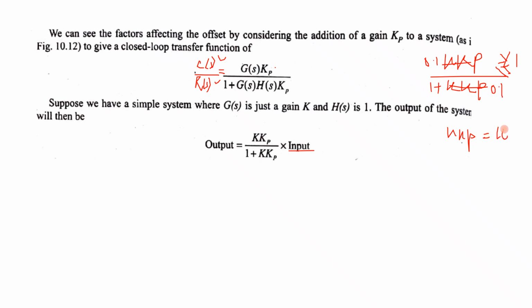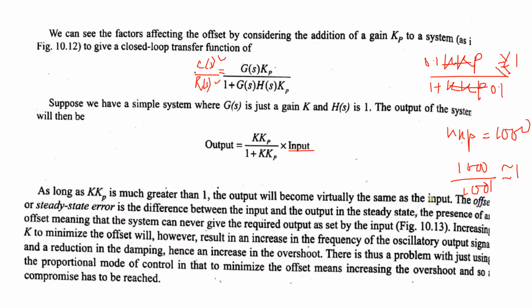But suppose the value of K Kp is 1000, then we get 1000 by 1001, that means very, very close to 1, isn't it? That means as long as K Kp is much greater than 1, the output will become virtually the same as the input, that means the ratio will be almost 1.